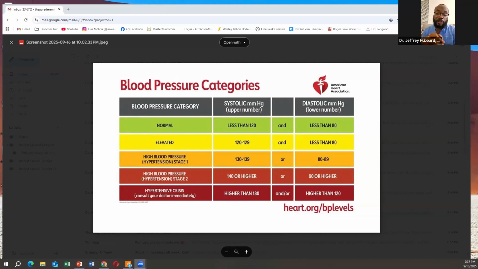So I just wanted to share that. So thanks, Dr. Pitts, for bringing that back around, because this blood pressure is literally the foundation for our number one killer worldwide, which is cardiovascular disease. It all starts with abnormal blood pressure.